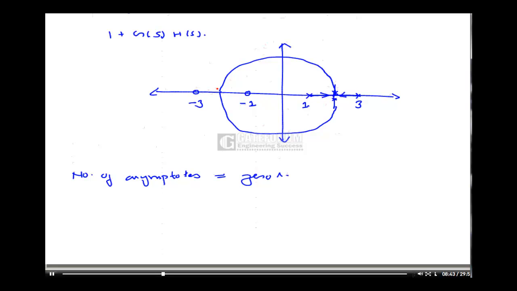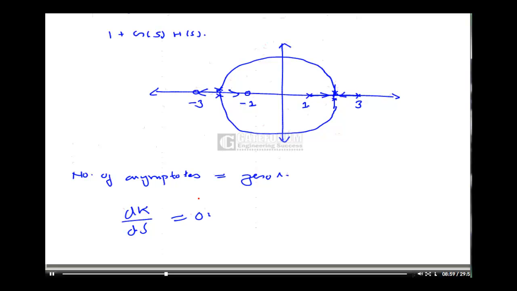After reaching here, one pole will move towards one zero, and the other pole will move towards the other zero. Now to find the breakaway point, we can again use dk/ds equal to 0.